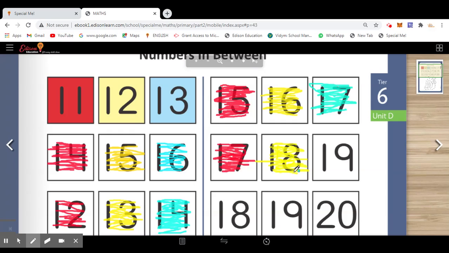And what comes after 18? After 18 comes number 19. So here we have to fill light blue color.